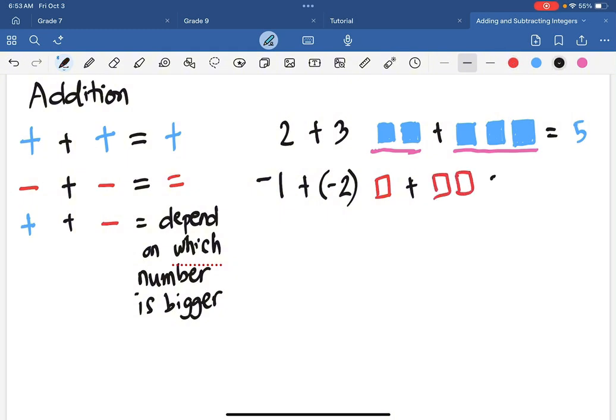So we could write it here, or we could count. We have here the negative 1 and negative 2. So when we add both negative, the sign would be negative as well.